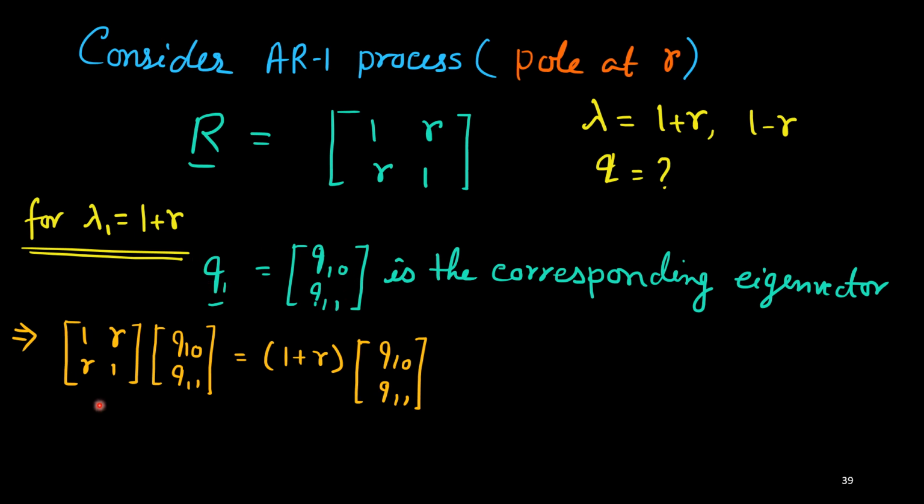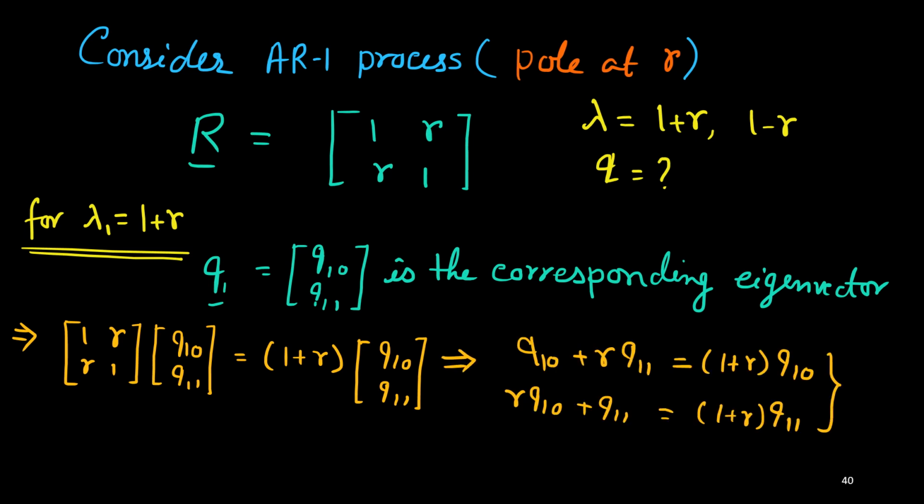With this R matrix, if I multiply this q1, I'll get the same lambda 1 times q1, where lambda 1 is 1 plus r. Now the first equation we'll get: 1 times q10 plus r times q11 will be equal to 1 plus r times q10. Similarly we'll get the second equation.